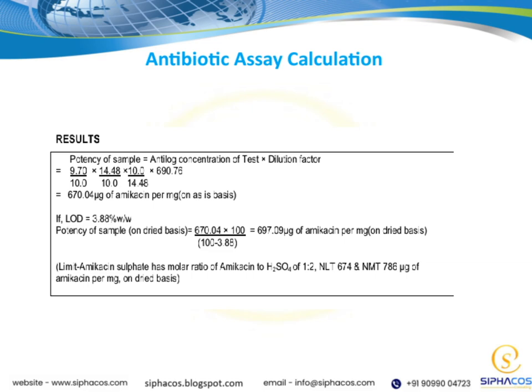Remember, accuracy in these calculations is vital because it directly impacts the reliability of our results. By mastering this, we ensure our antibiotic assessments are both precise and meaningful, tying back to our overall goal of quality control and effective antimicrobial development.